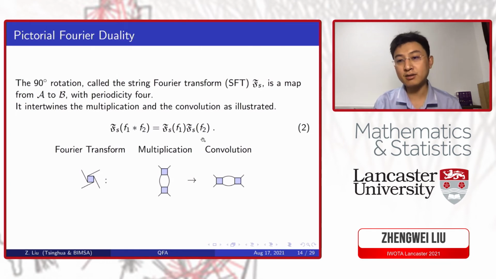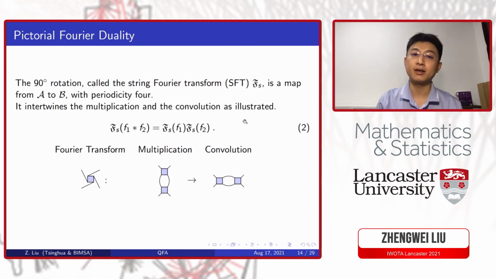And actually, not only this condition, the classical Fourier transform has another condition. It has a periodicity 4. And here, the single rotation is a 90-degree rotation. If we rotate that 4 times, it's a 2-pi rotation. So it's an identity map. This also coincides with this algebraic property of the Fourier transform.